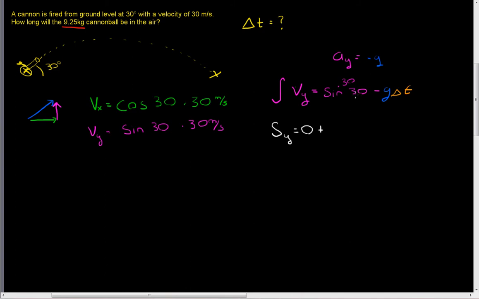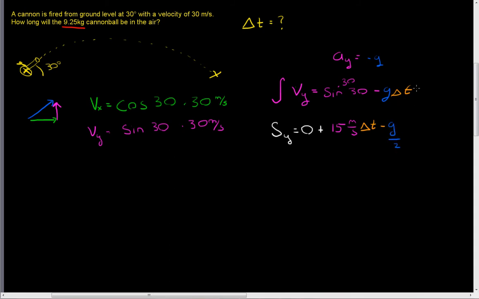We know the sine of 30 is 1/2 times 30, so this is going to give us 15 meters per second. Since we integrated up with respect to time, we need to multiply this by the change in time again, minus our gravity divided by 2.